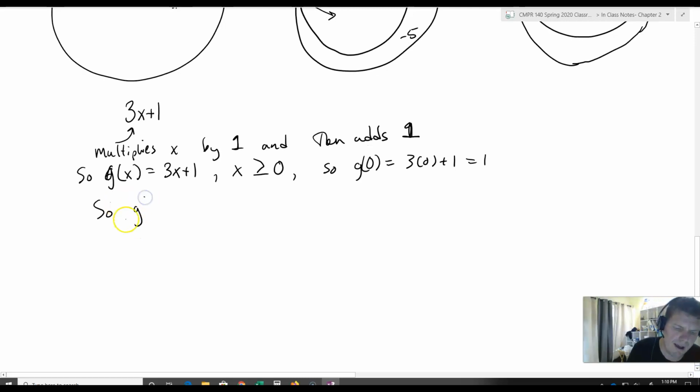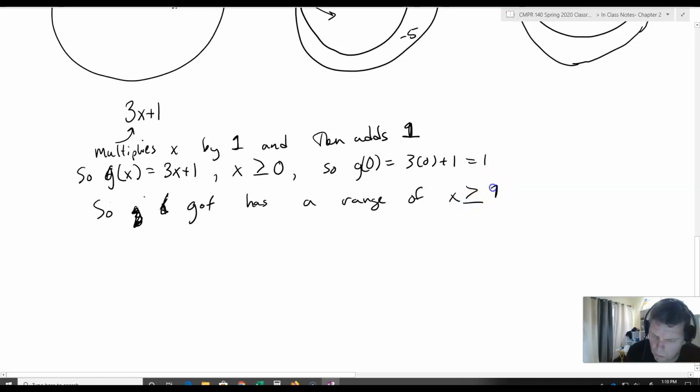So g of f, excuse me, g of f, has a range of x greater than or equal to 1. Excuse me, g of f of x greater than or equal to 1.